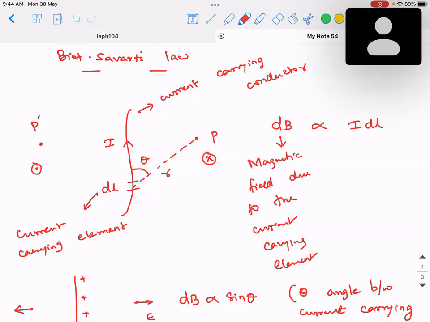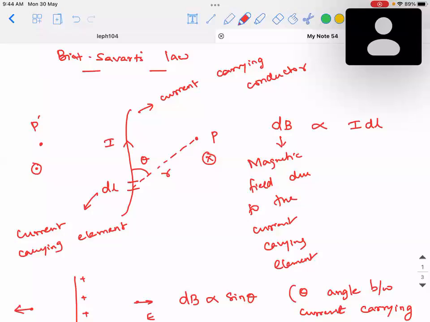When you see it from your side, in which direction should it rotate? So I'll take it like this. This is the side in which you are there. Current, this is r vector. From I we need to go to r. What is the direction? Clockwise. Clockwise means, is it away from you or towards you? Away from you. So it is going to be in this direction. So the magnetic field is into the plane. That is the reason why I wrote it as dl vector cross r vector.